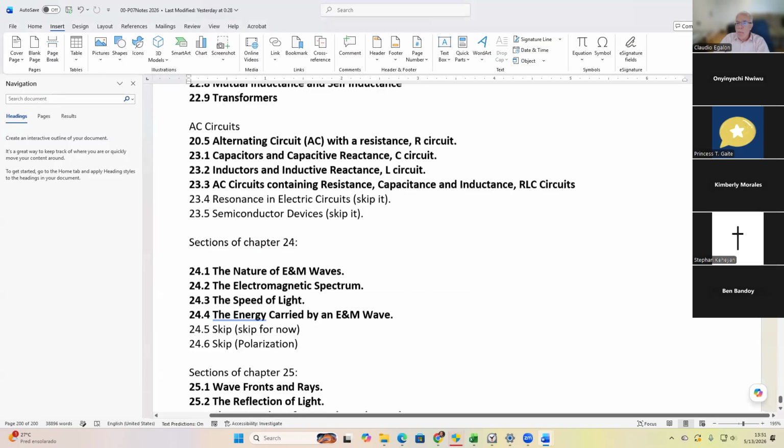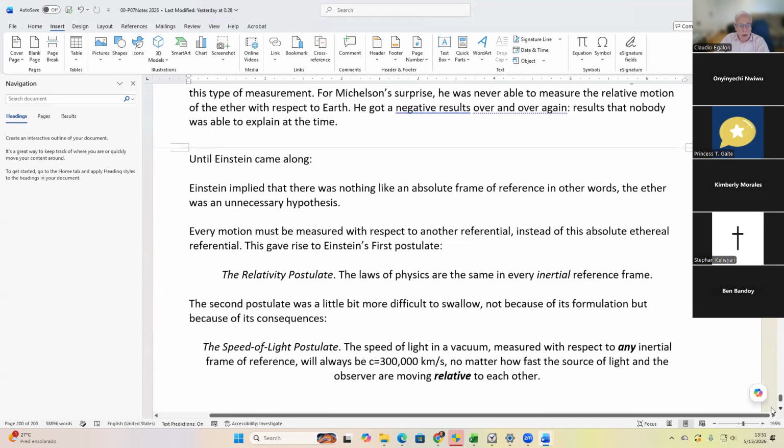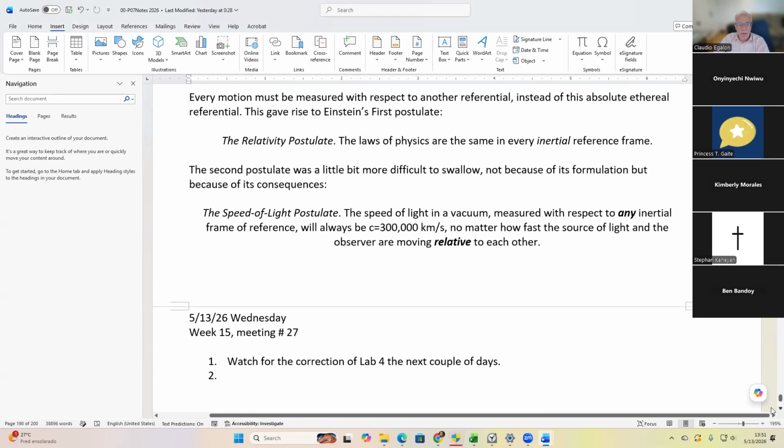So last time we covered just the postulates of relativity. You have to memorize that. I'm going to copy it.